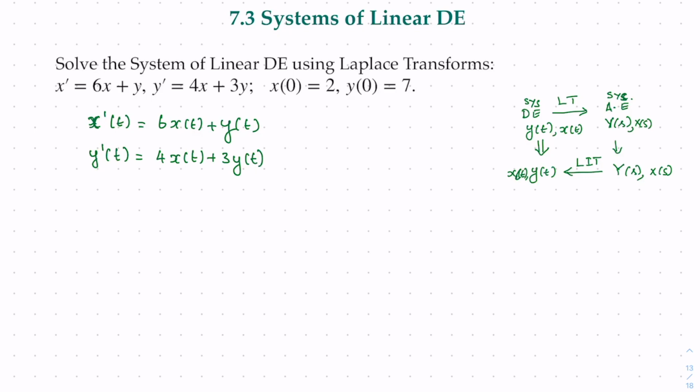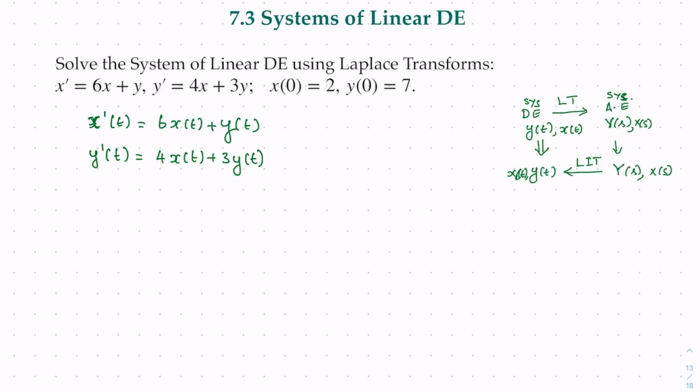That's what the system is. Now we have initial conditions: x of 0 is equal to 2 and y of 0 is equal to 7. Although we don't have a t in there, that's what we mean by that.